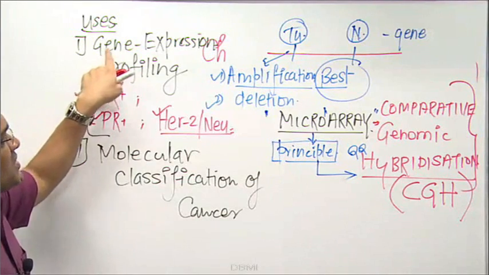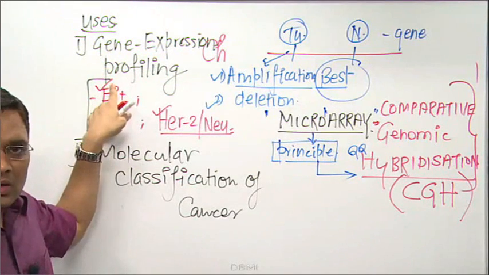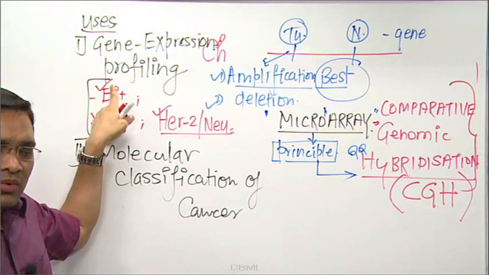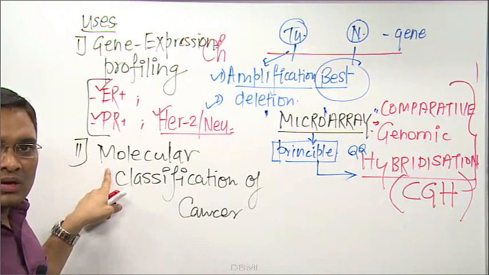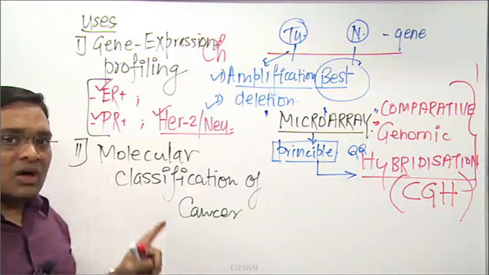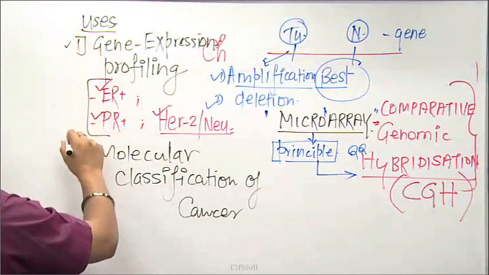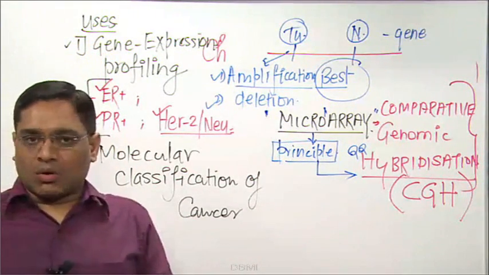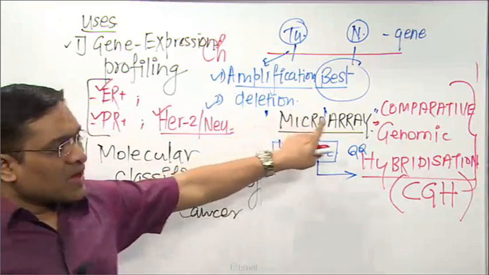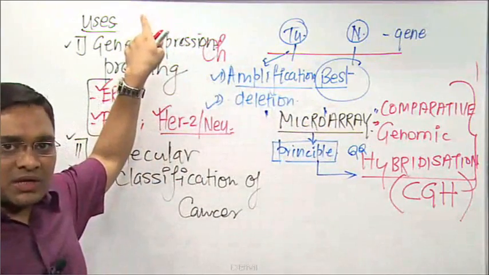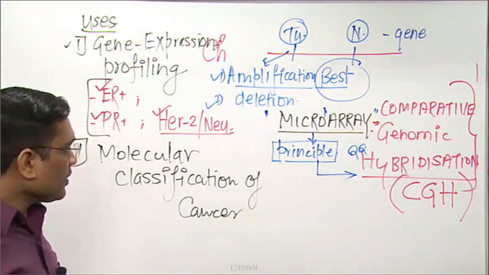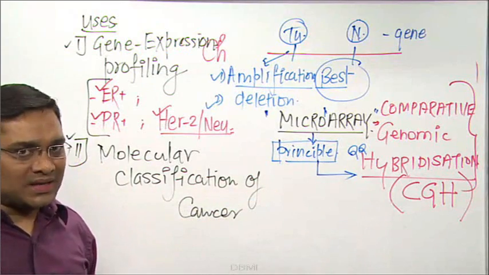To separate gene expression profiles. Why are we separating gene expression profiles? To classify cancers on a molecular basis. So these are 2 functions. The answer will be both of the above. What is the use of microarray analysis? Both gene expression profiling and molecular classification of the cancer.